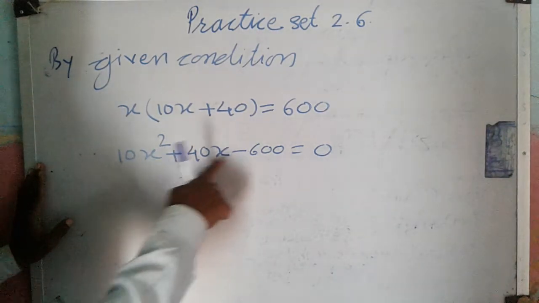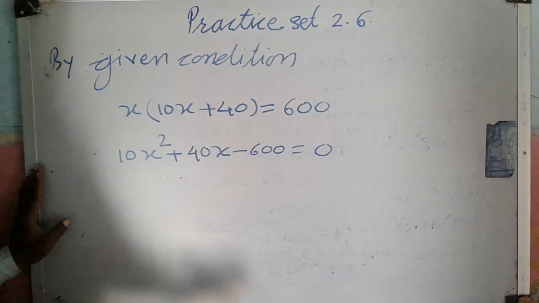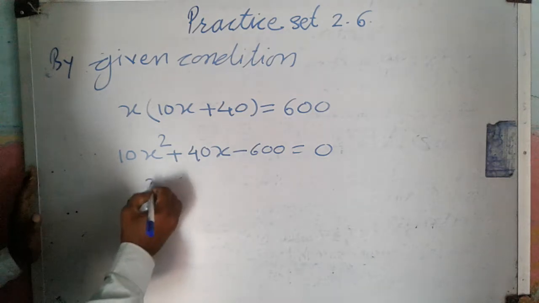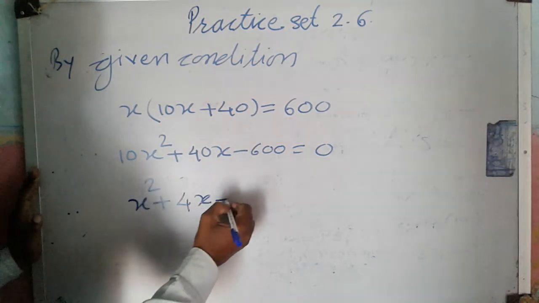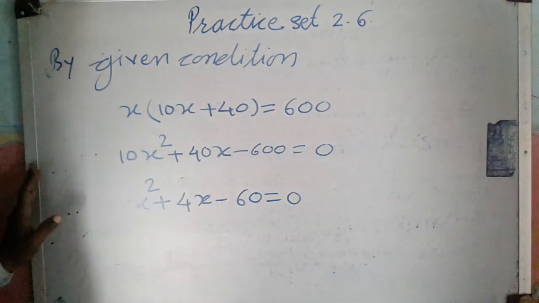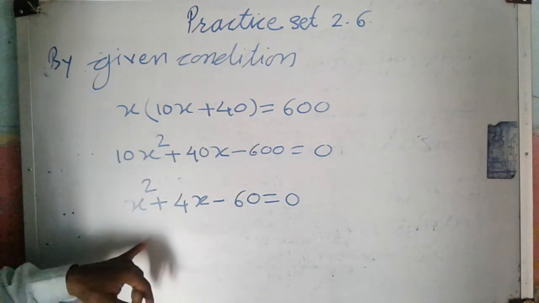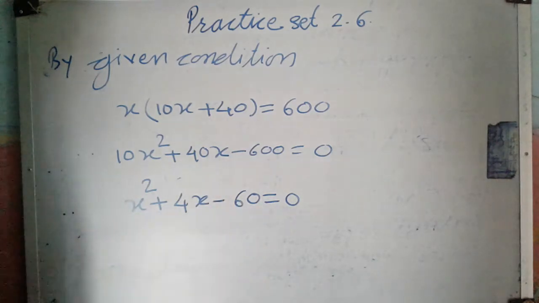Here each term is divisible by 10. So dividing each term by 10, we get x square plus 4x minus 60 is equal to 0.